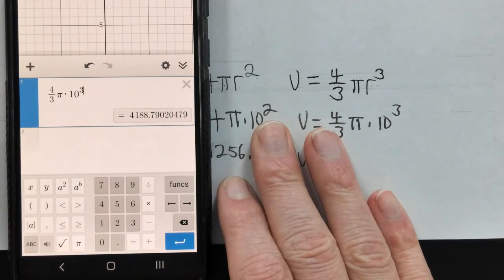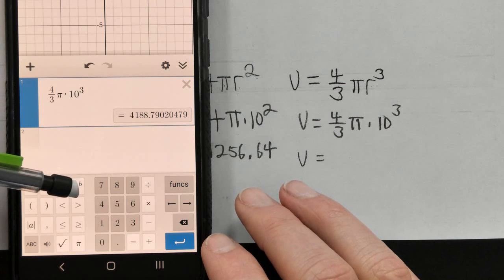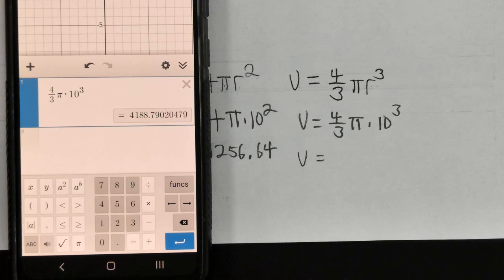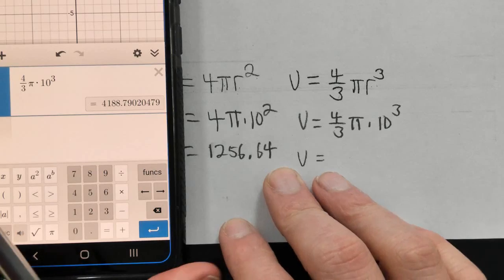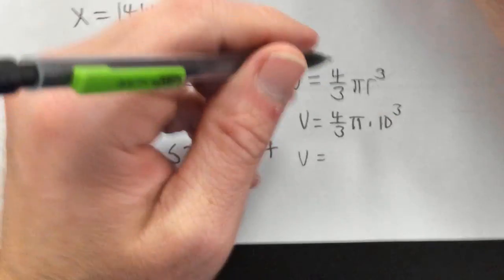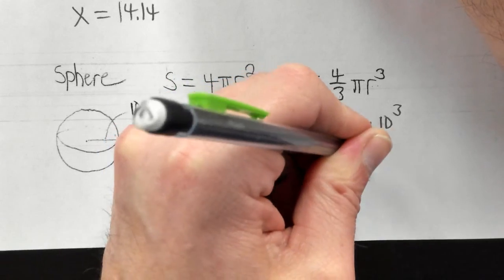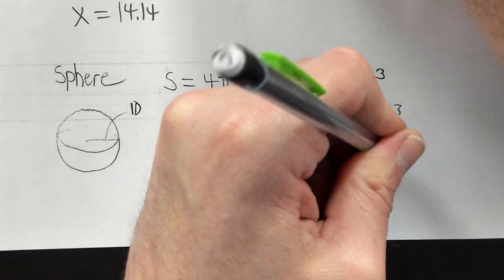And once again, that's what I like about Desmos. This a to the b power right next to the squared button allows you to raise it up to whatever power you want. Okay, so 4188.79 is what we got. There you go.